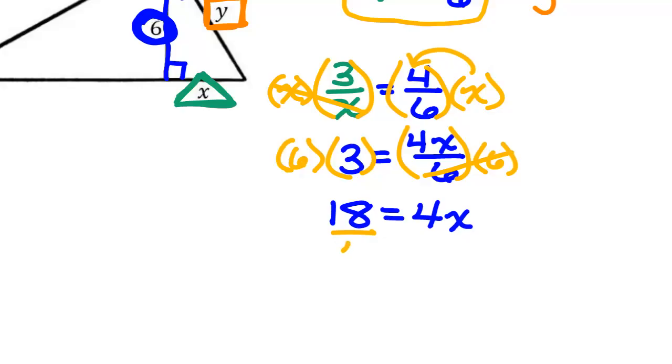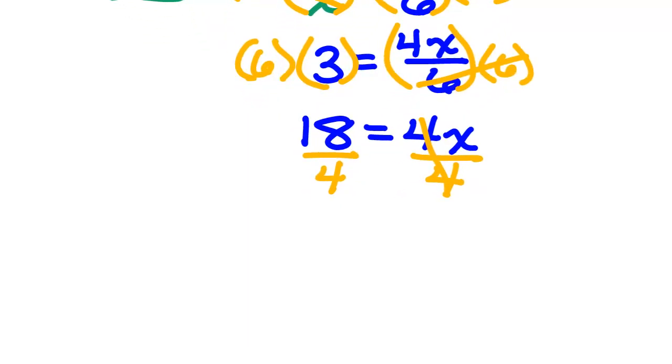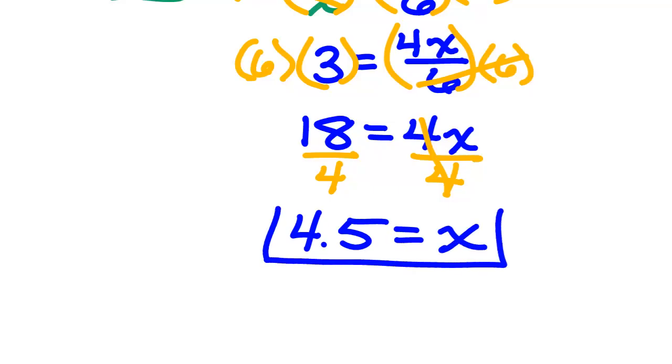And then we divide both sides by 4. And what is 18 divided by 4? Grab a yellow calculator if you need to. What is 18 divided by 4? 4.5. So 4.5 is equal to x.